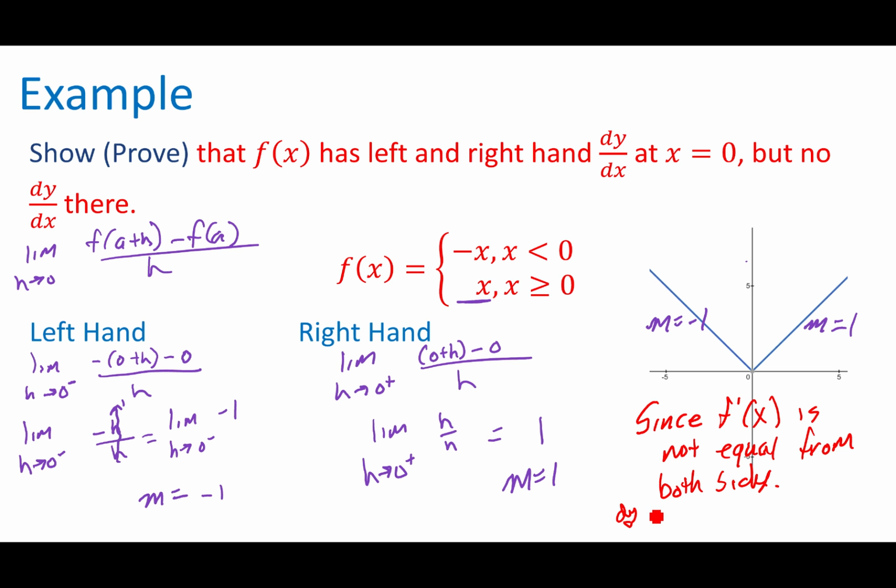So dy dx does not exist at x equaling 0. So that'd be the final piece to prove: we've shown that the right and left-hand derivatives are different, therefore it fails to exist.